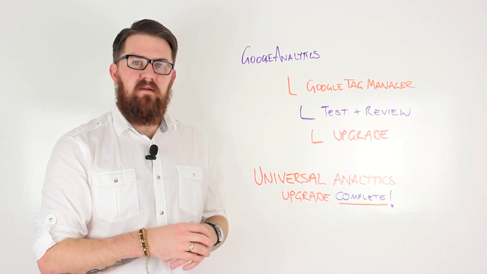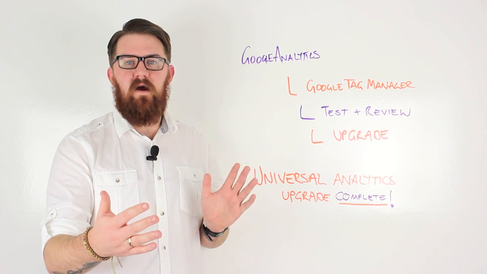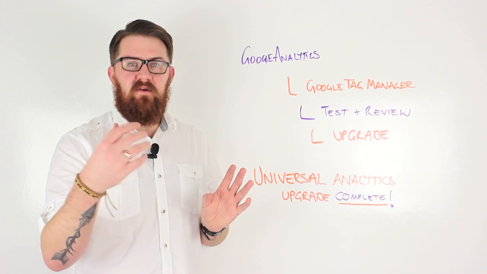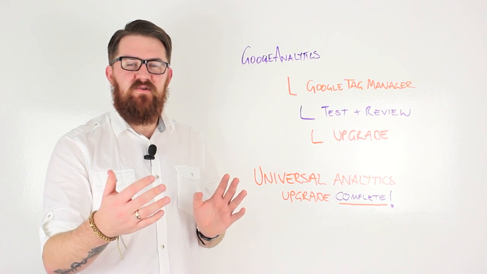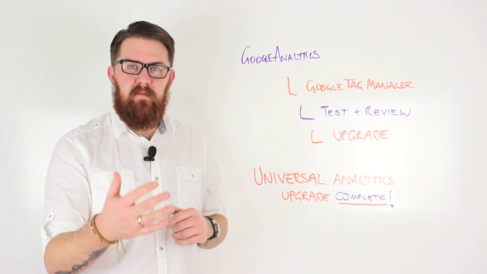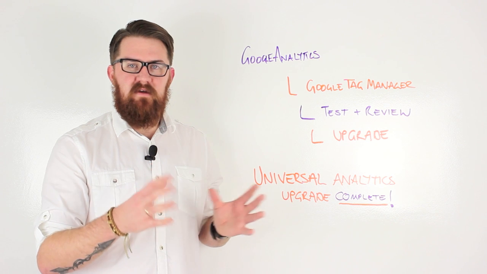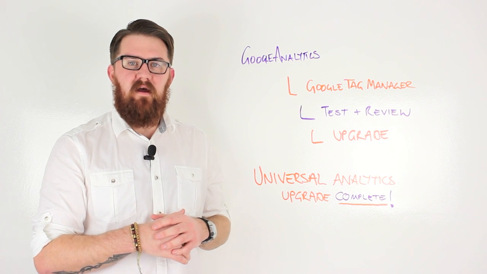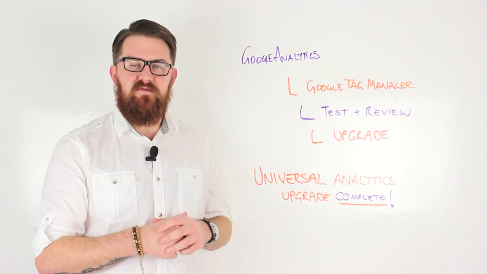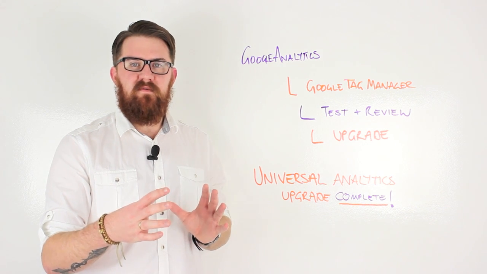And then at that point, you've made that transfer and that transition in quite a controlled way. Again, you want to keep an eye on your data to make sure that you're still seeing the expected levels of traffic, the expected levels of on-page interactions, so that you make sure that the transfer has been done as safely as possible. But I hope that is a useful process for people to adopt.